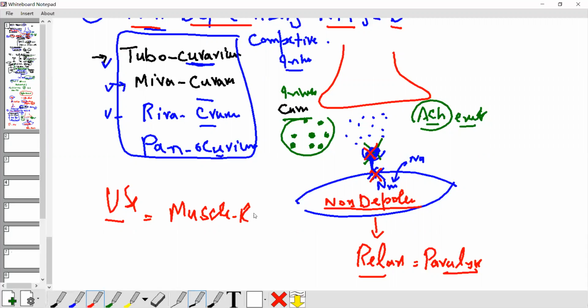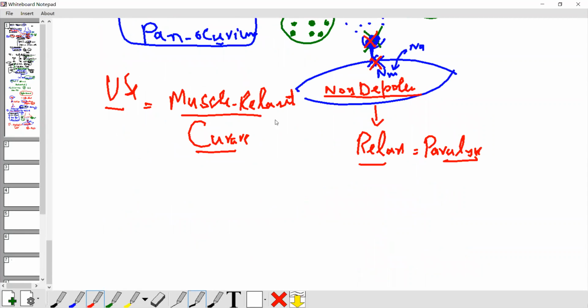So for that purpose, we use what? The Curare family. Done? This we use for the muscle relaxation we need in surgery. Before surgery, we give what? Anesthesia.